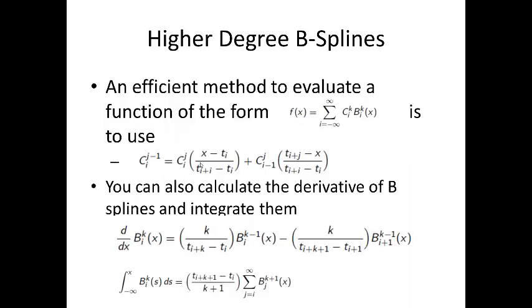So an efficient method to evaluate a function of the form f of x equal to the sum of c_i B_i^k of x is to use the following formula down here for c_i. You can also calculate the derivative of B-splines, and you can integrate them as demonstrated in the lower bullet point.